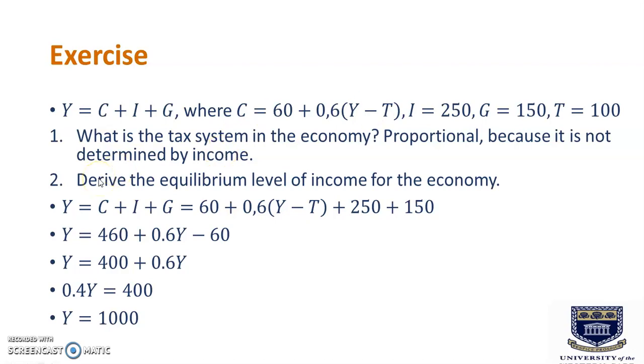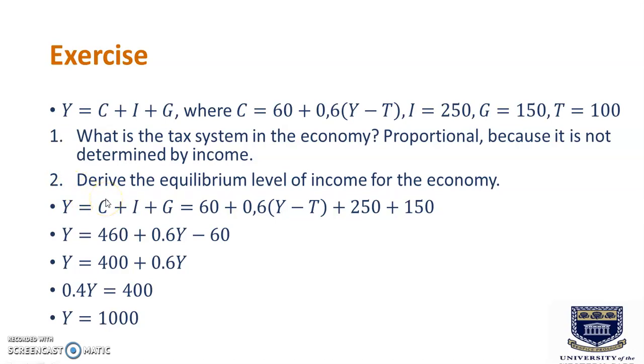The second question says, derive the equilibrium level of income for the economy. It's fairly straightforward. Although it may look complicated, you can do this. Here we know that our equilibrium condition is where Y is equal to A. You could always state your equilibrium condition, although it's not shown here.